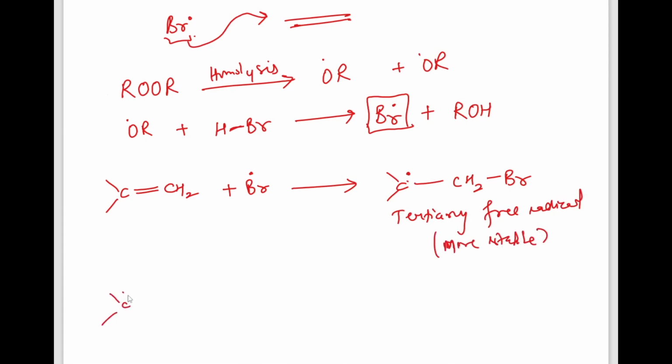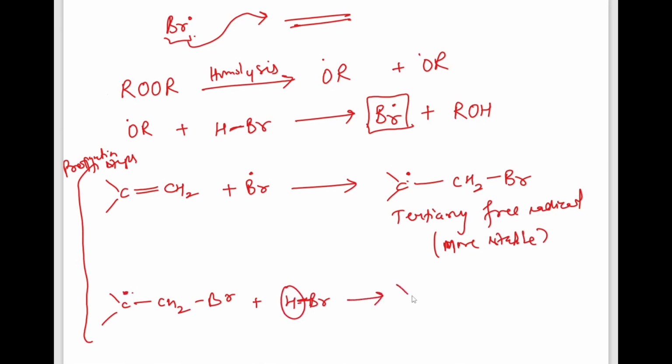In the second step, HBr will undergo homolysis and this H free radical will add to this carbon. So again a bromine free radical will be generated.